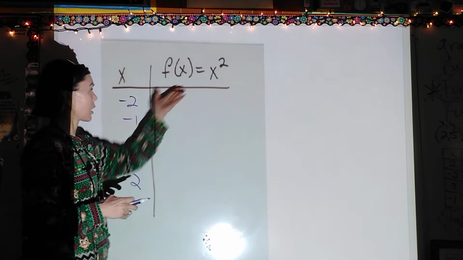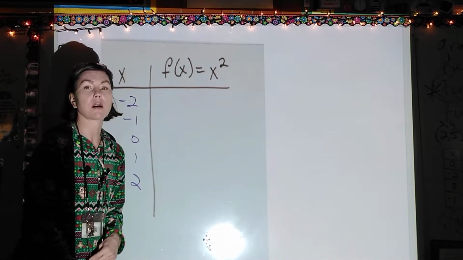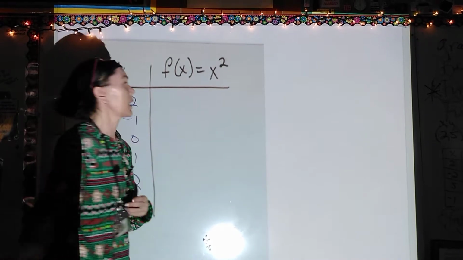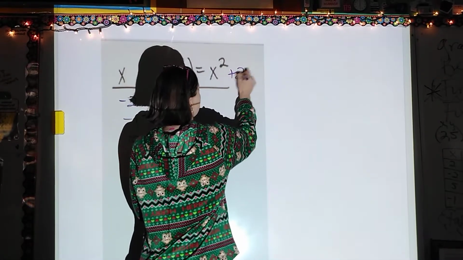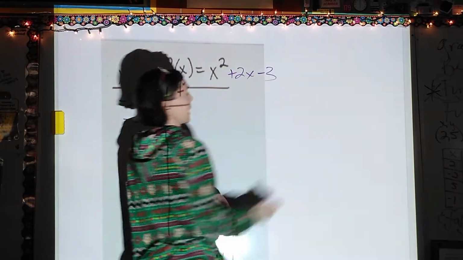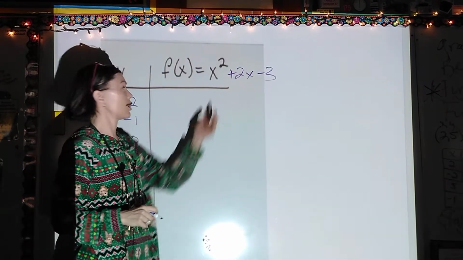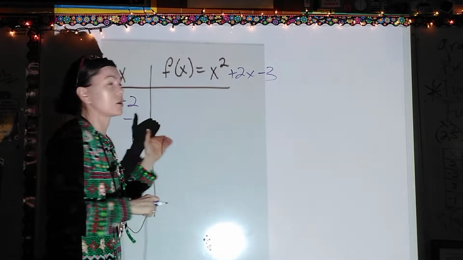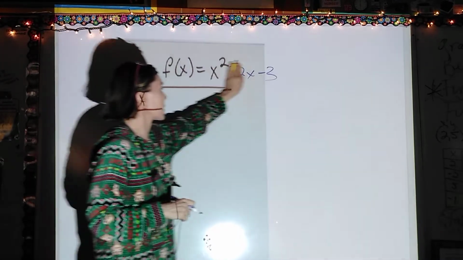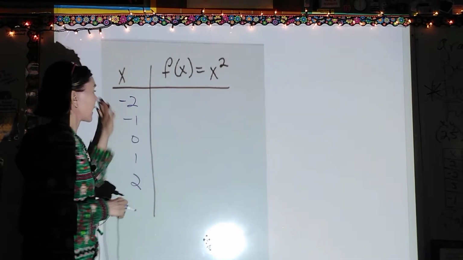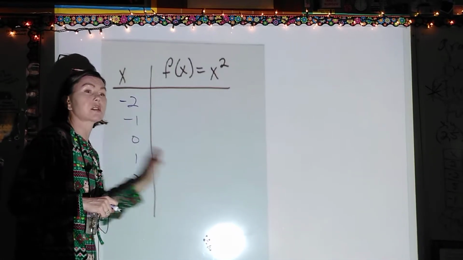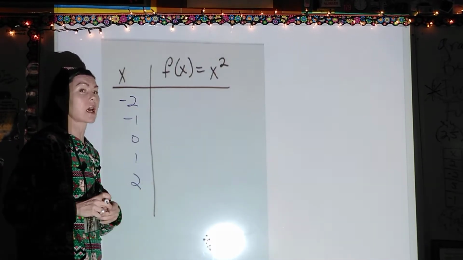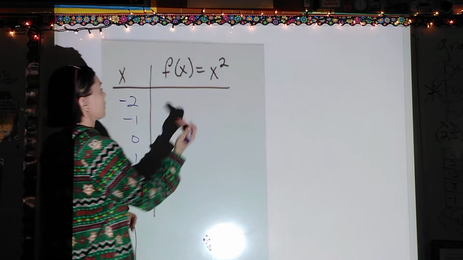You could have another quadratic that says x squared plus 2x minus 3, right? And you would do the same thing for that, which is in your assignment today, and then you graph it. The whole purpose of this is to get our relation, our list of ordered pairs that makes up the function. So x squared.